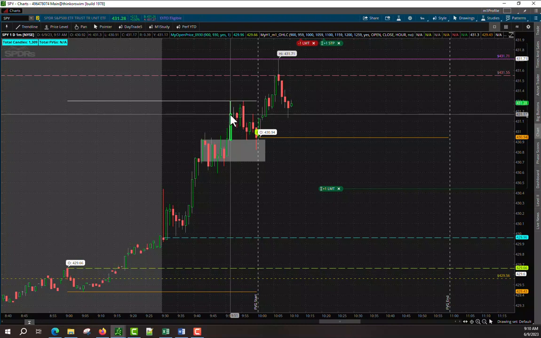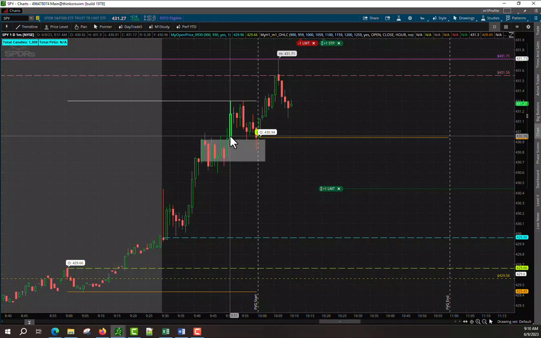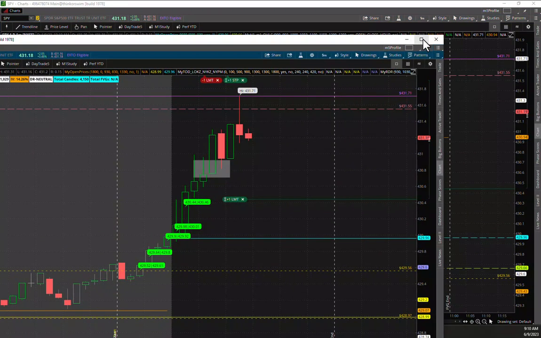If you want to go down further, you have to break this guy and then break this guy, this candle at 9:51. Okay. If you look at 5 minutes, it also sends you a very clear signal that it's gonna be short.